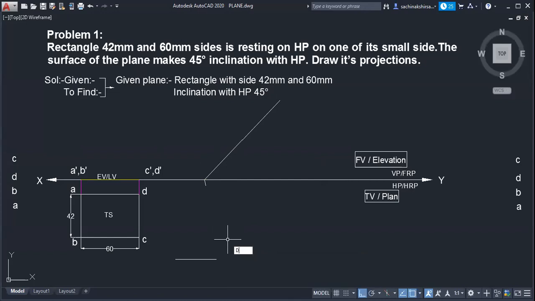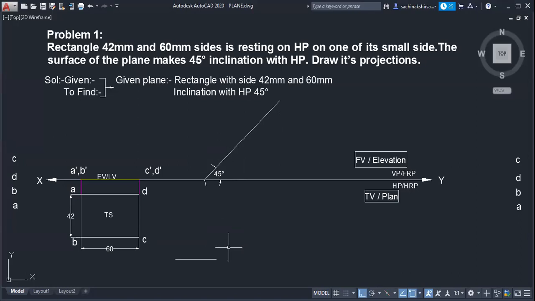You can mark a 45 degree line here in this way, because it is inclined at this 45 angle with whom it is made? This 45 with HP or with VP? With HP. So like this you have to mark one line. By this line angle of 45 is made with this HP.